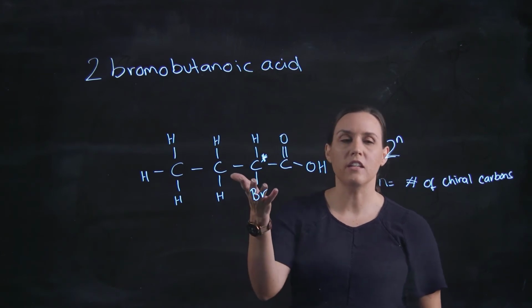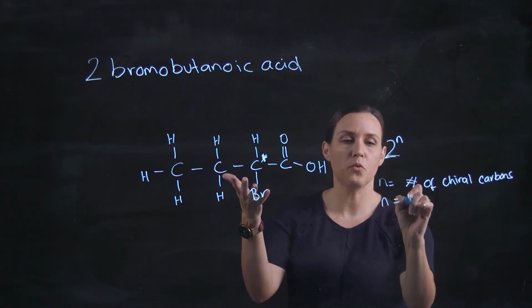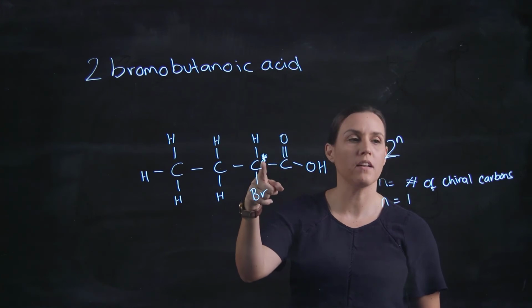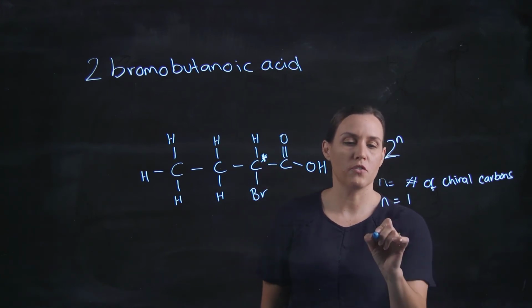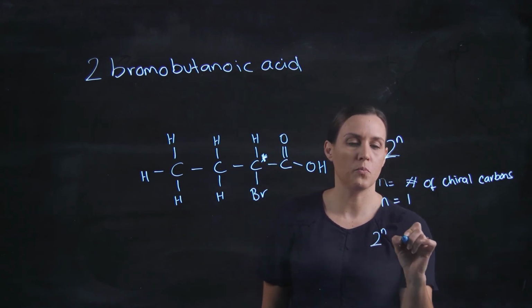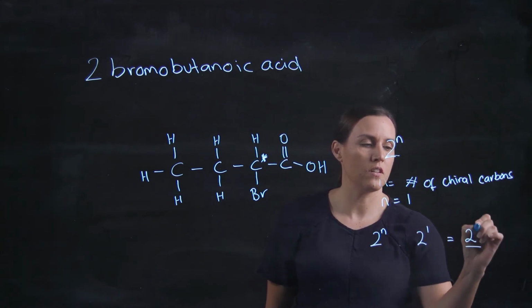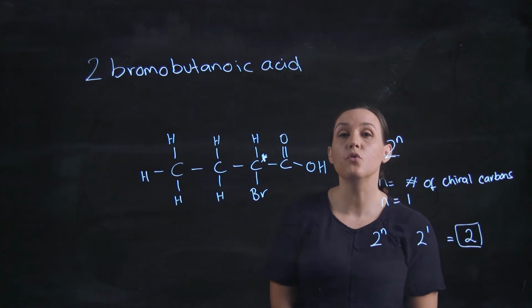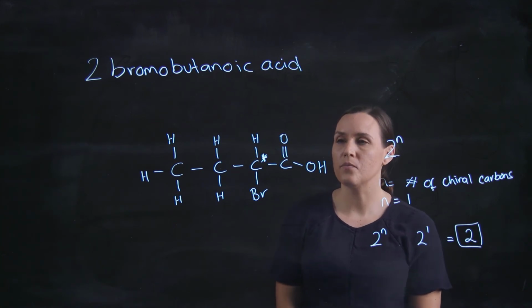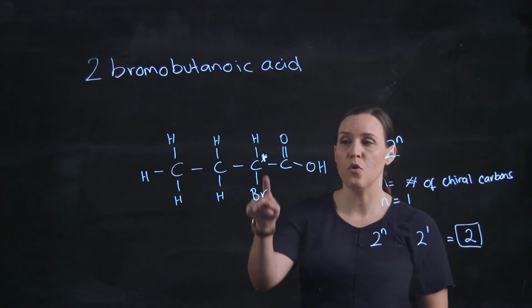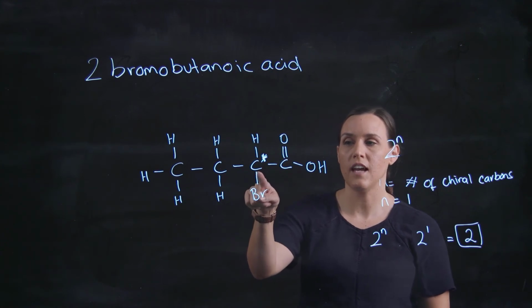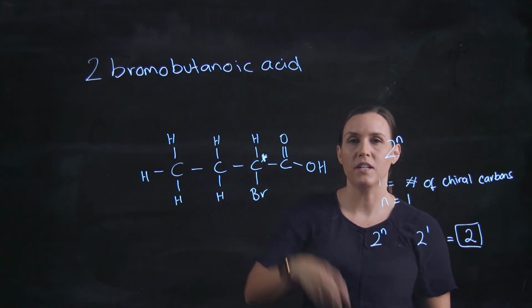So our n value here for this example would be 1 because we've got 1 chiral carbon. So 2^n would be 2^1, which would equal 2. So we can have 2 possible stereoisomers, your R and your S, of this carbon here.